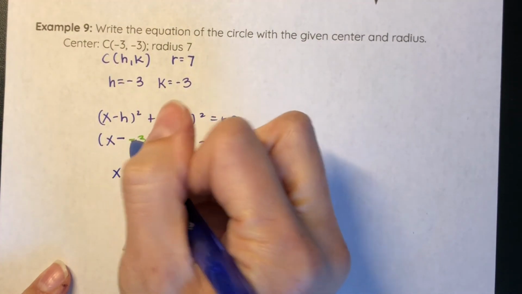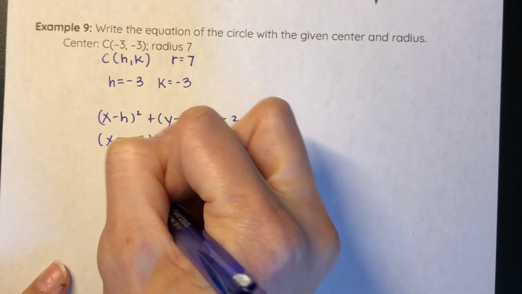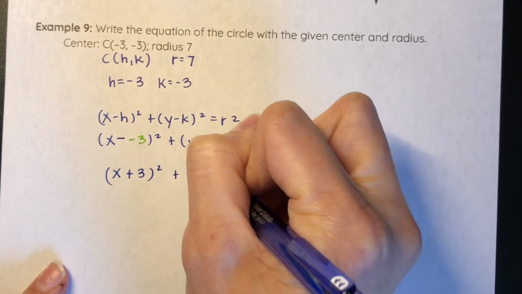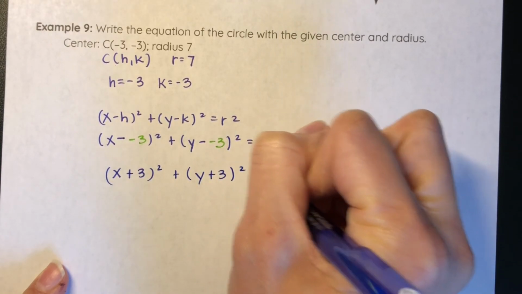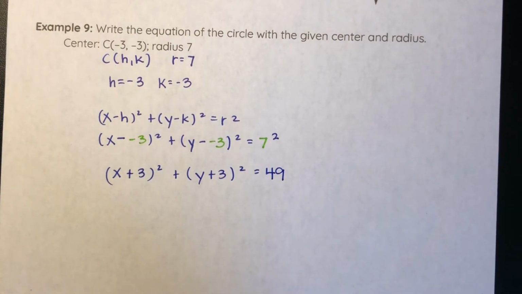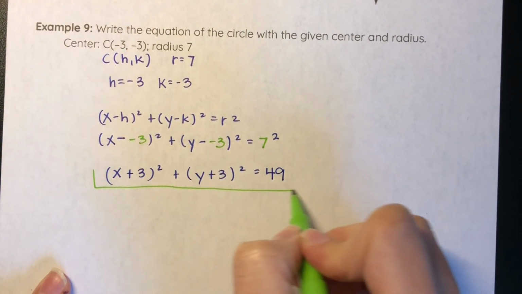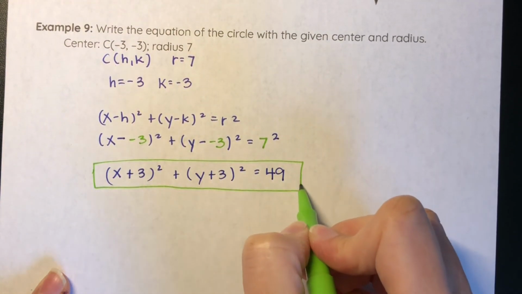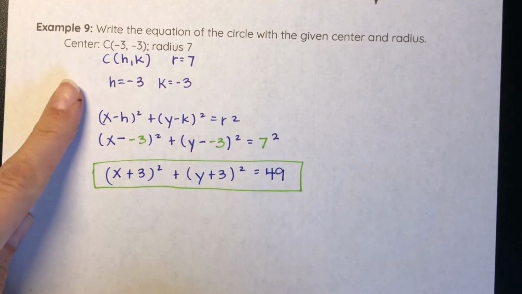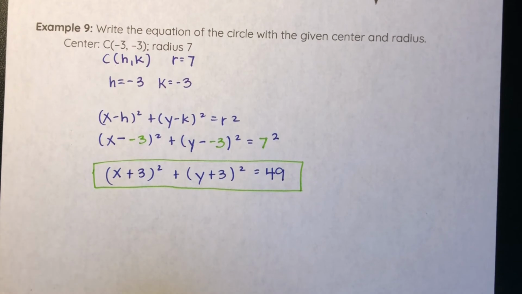So minus a negative will be x plus 3 squared plus y plus 3 squared, and then 7 squared equals 49. All right, so this will be the equation of the circle with a center at negative 3, negative 3, and a radius of 7.